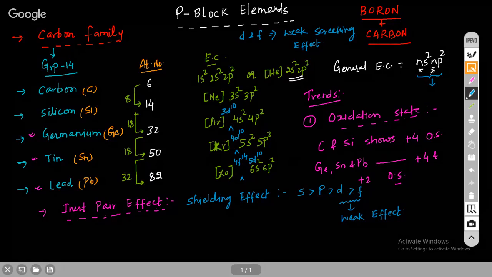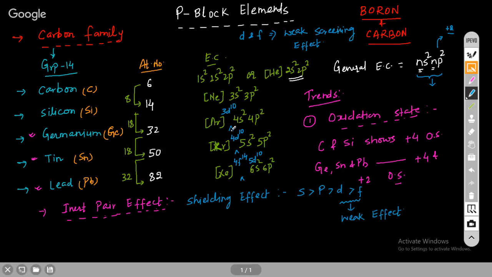When these 4 electrons are lost, it forms +4 oxidation state, and when only 2 electrons take part in the reaction, that gives +2 oxidation state of the element. So +4 and +2 depend on how many electrons in the outermost shell take part in the bonding, correct?